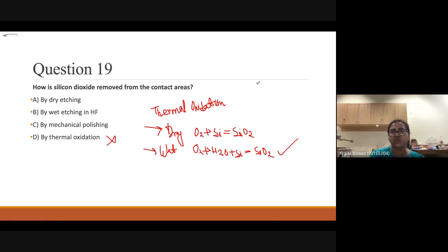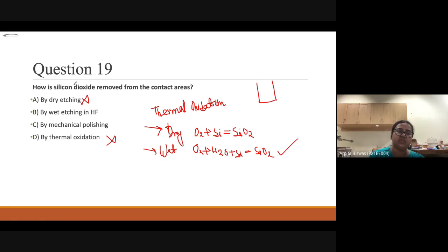In the dry etching process, they use it where they want a particular structure, like a rectangular shape. So it is not basically for removing from the contact area.